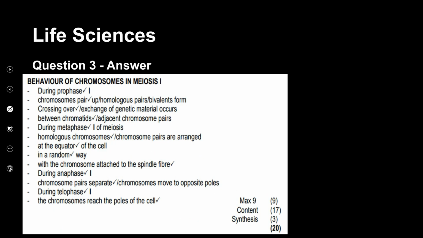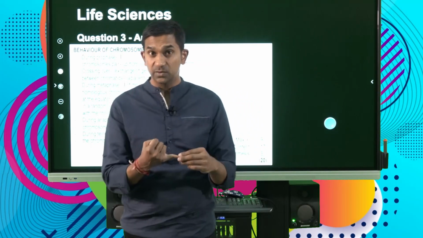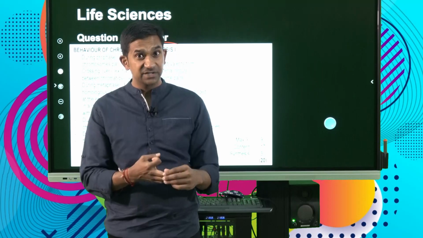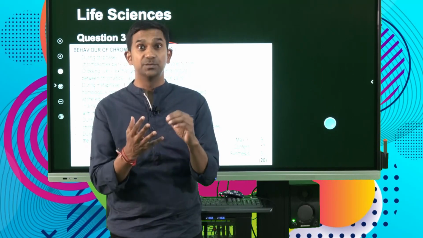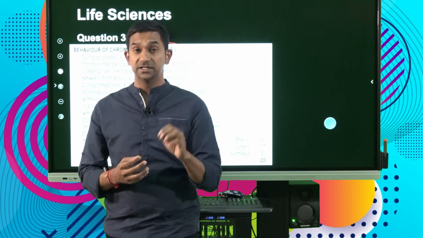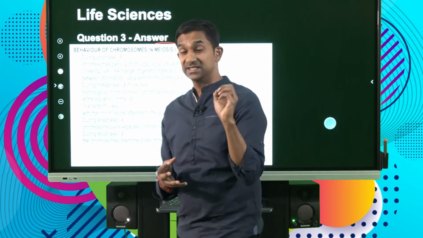The other part of the essay requires us to discuss the behavior of the chromosomes during meiosis 1. So you've got to discuss prophase 1, metaphase 1, anaphase 1, and telophase 1. The key description for prophase 1 is the significance of crossing over, the concept of how chromatids exchange information at the point called the chiasmata.